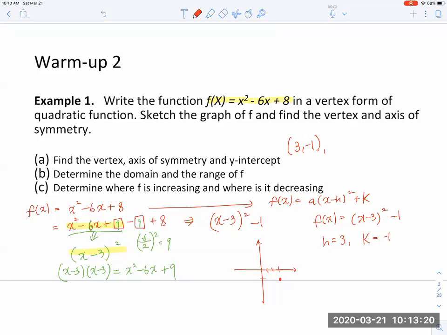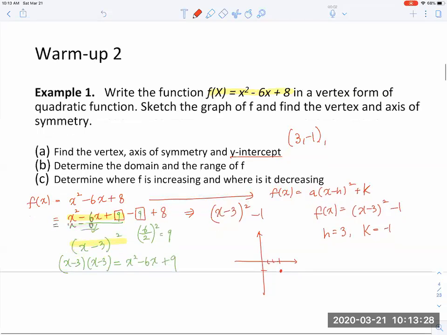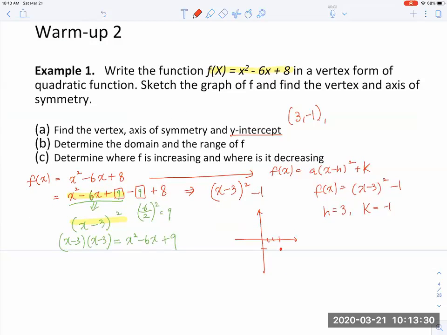And then I want to find out the graph. But think about it. It would be better if I know the y-intercept, so we can get a better graph. So now I'm going to find the y-intercept, when x equals 0. You can just plug in 0 into here, and then automatically the y-intercept is 8, or you can plug in 0 here and calculate it.